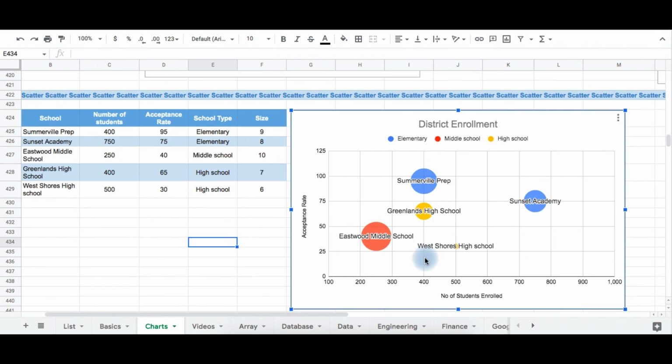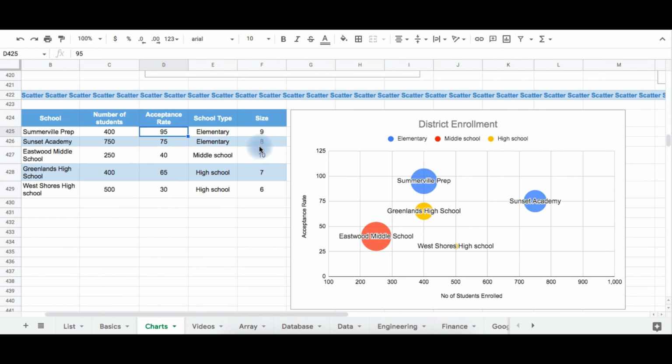So you have 400 students who go there, but the acceptance rate is really, really high. As you can see on the table, it's 95%. So it's really difficult to get into this school. But the size is really big, so maybe the school is really big. And then you have the West Shore High School, where it's 500, even though the acceptance rate is very, very low.